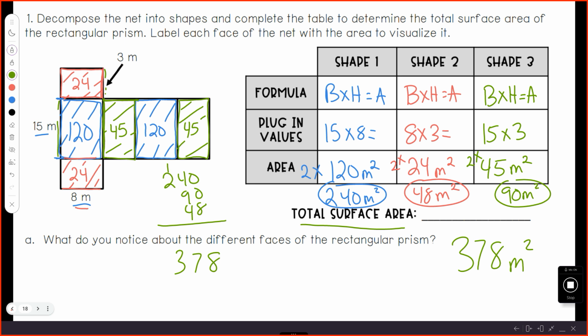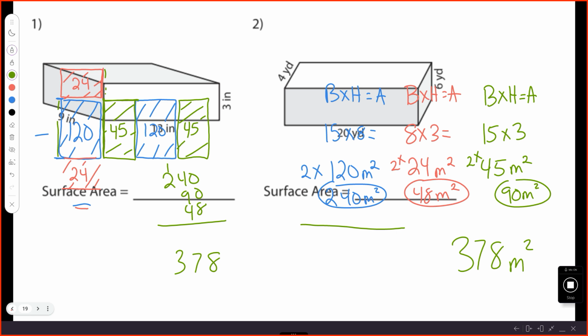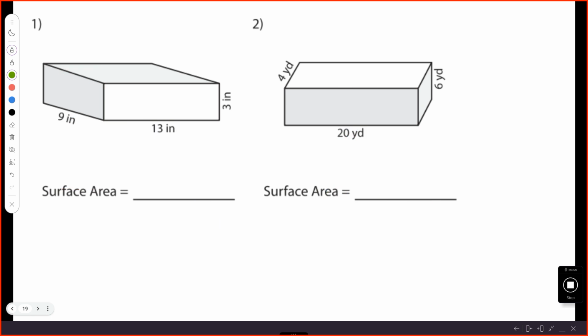All right, let's take a look at another way that we might see this. We might also see this like this, okay? And when we do, we're going to have to imagine in our brain that there are 6 sides, okay? We know that.